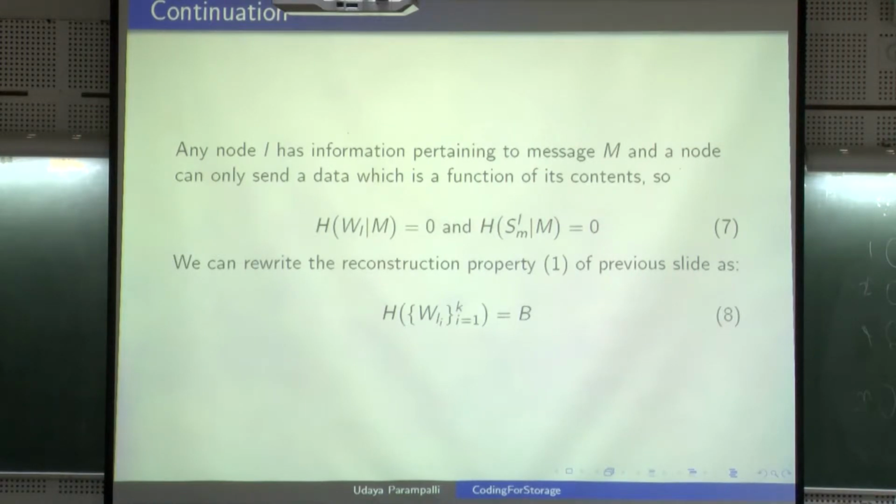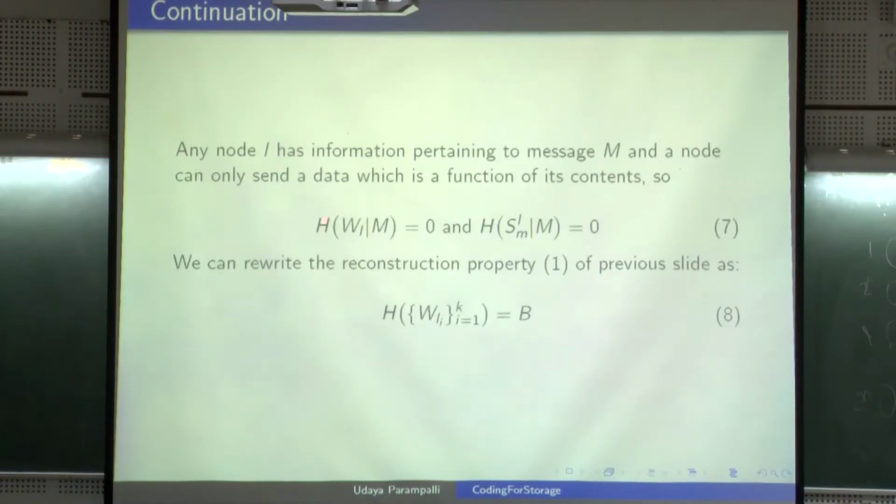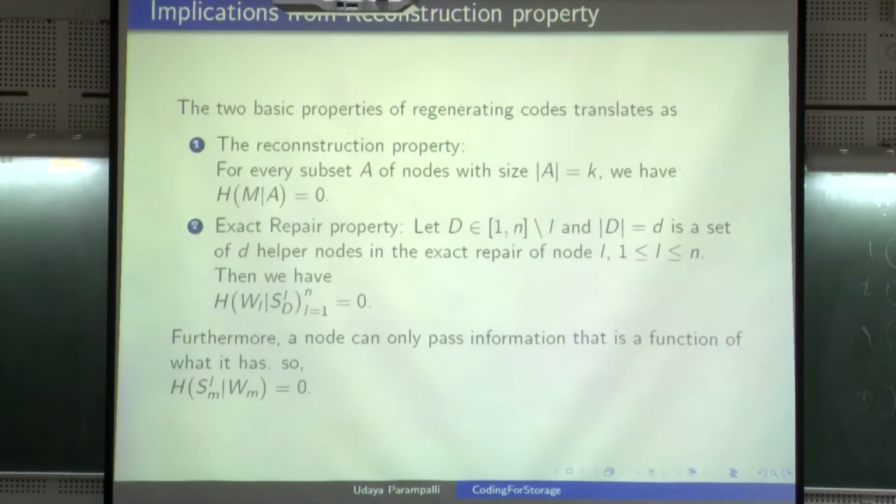So if I look at the same type of thing, the entropy of WL given the message is always 0, and H of SML given M is also 0. Any variable there is actually part of the message itself.